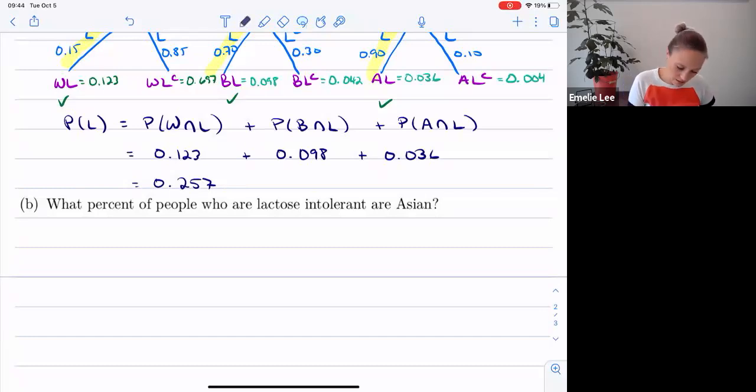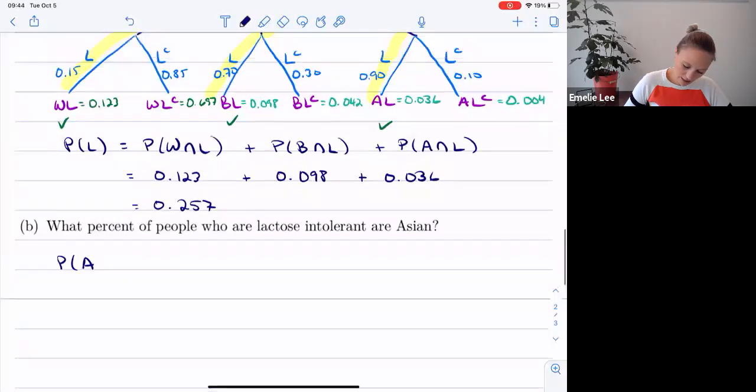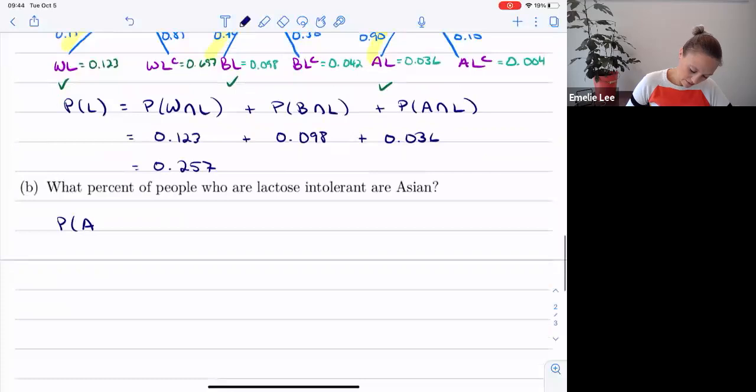So we can rewrite this as the probability of A given L. The probabilities are going to be proportions, but proportions are probabilities, so those are interchangeable, and then we can multiply by 100 to get a percentage.